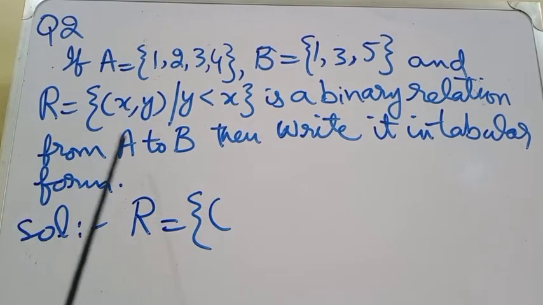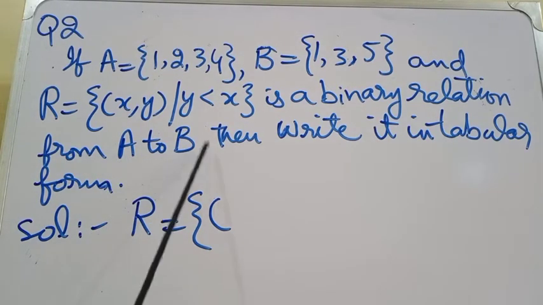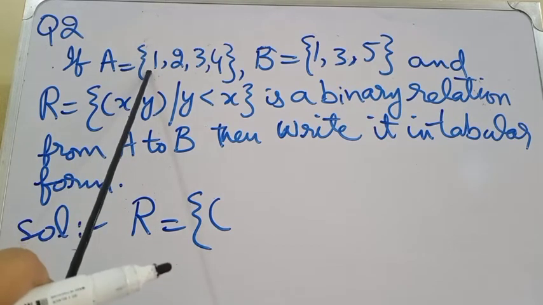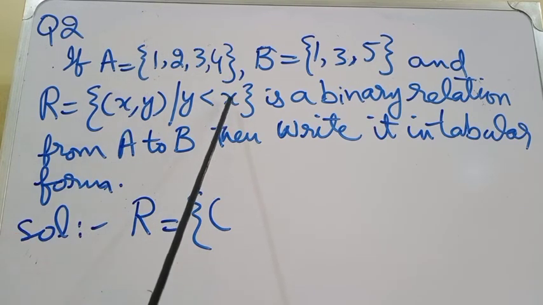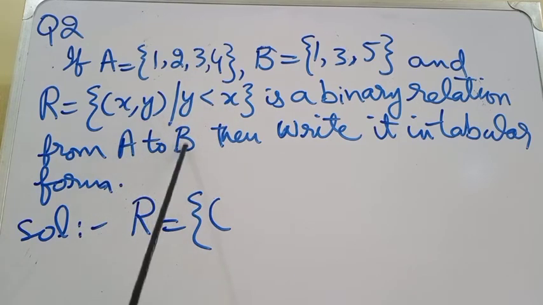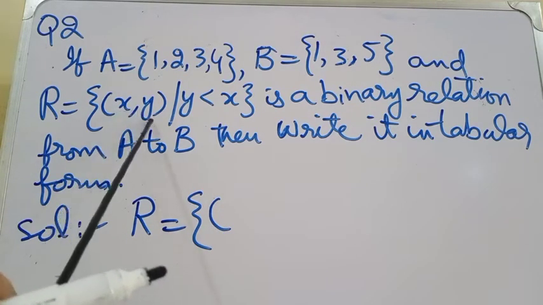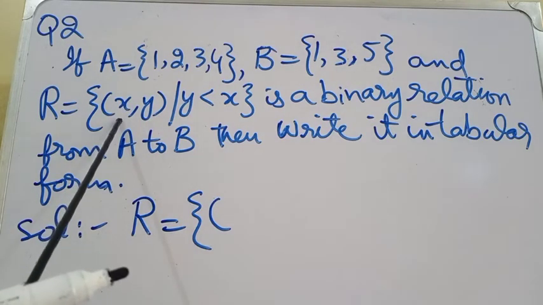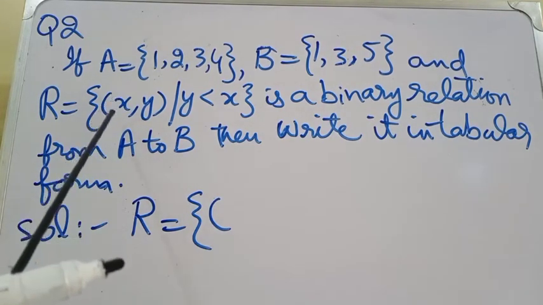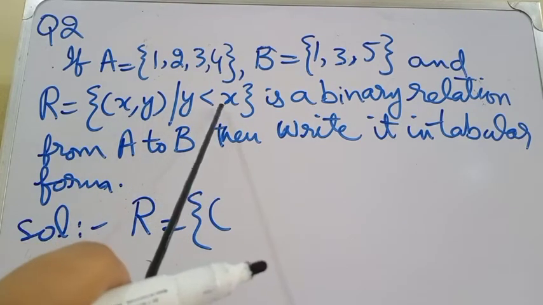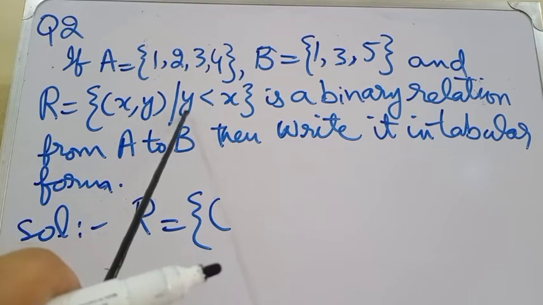We check because this is a relation from A to B. It means every x is from A and x is greater than y from set B. We write here all elements in the form that x is greater and y is less than x. So in this type of question you must observe the value of y.